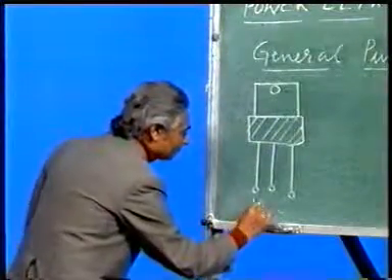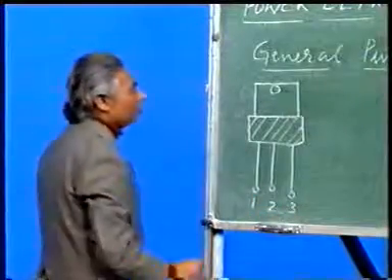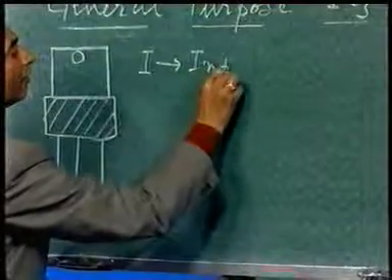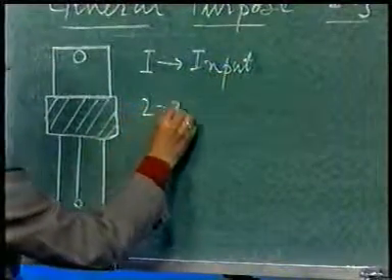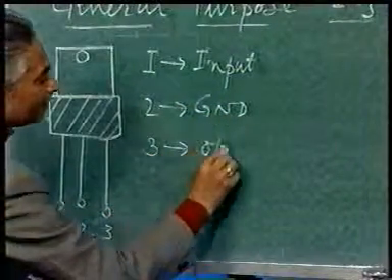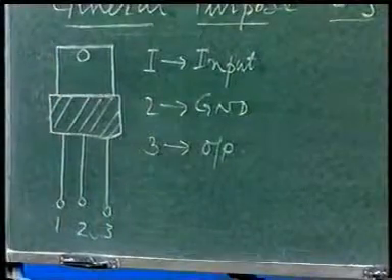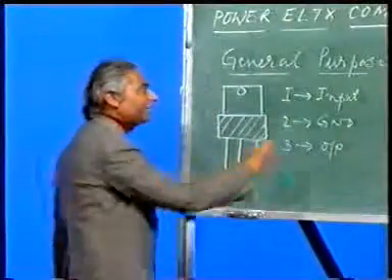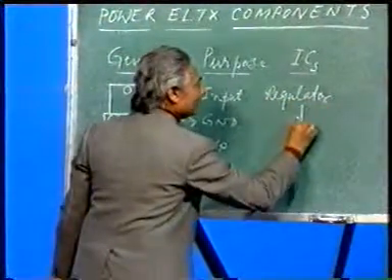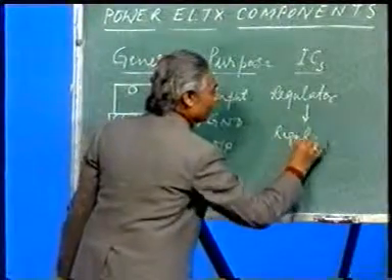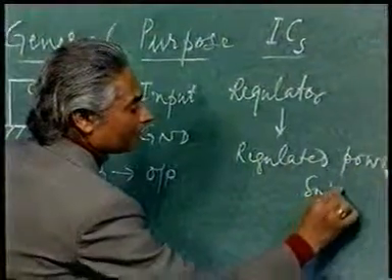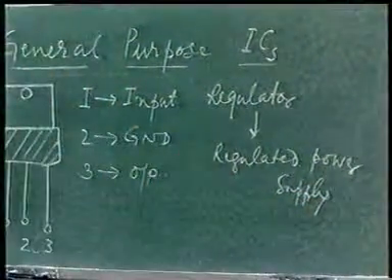The terminals are marked like this, 1, 2 and 3. 1 is the input, 2 is ground, and 3 is the output. Since it is a regulator, regulator means it gives a regulated power supply, is it not?